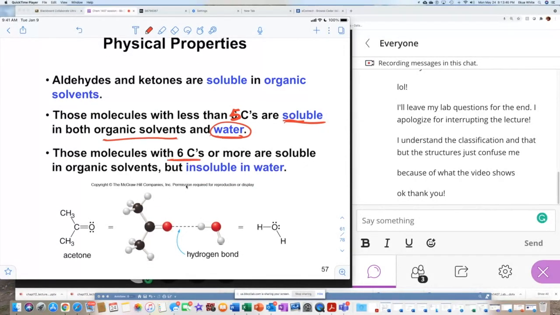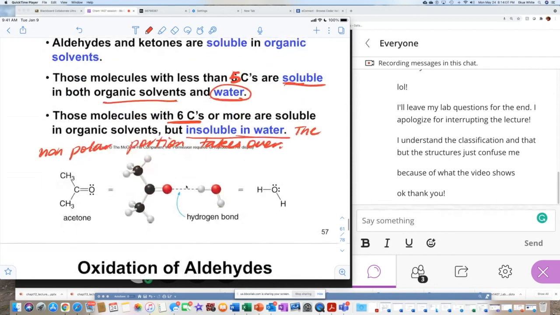But the molecules that have 6 carbons and more, they're insoluble in water. Why? The nonpolar portion takes over. And so the molecule behaves nonpolar because that becomes more dominant, right?